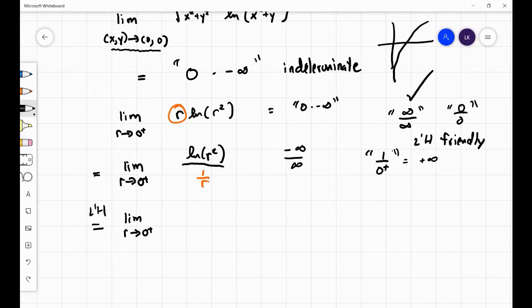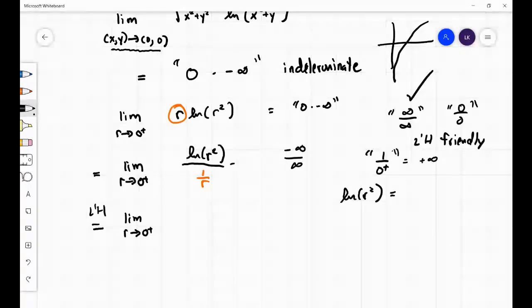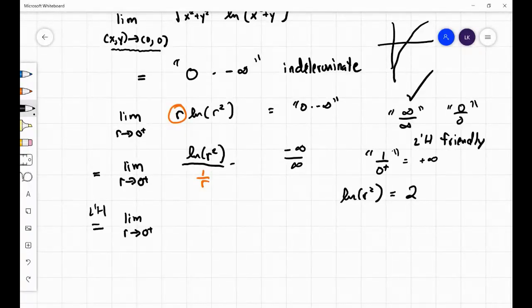Well, I should have used properties of logs first, right? So maybe make a note that I'll write log of r squared as 2 times log of r, and r is positive, so it's defined. And then we would differentiate.